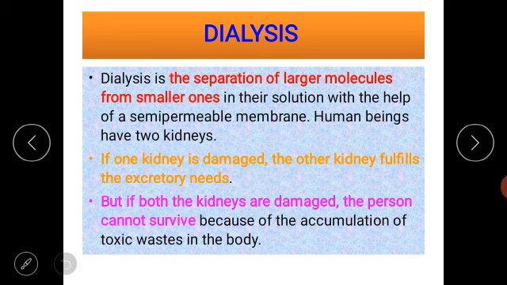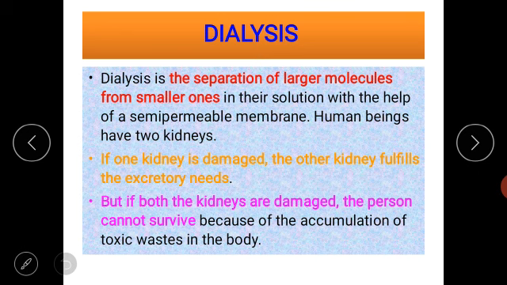So in the machine there is a use of a semi-permeable membrane, and larger molecules are separated from the smaller molecules.